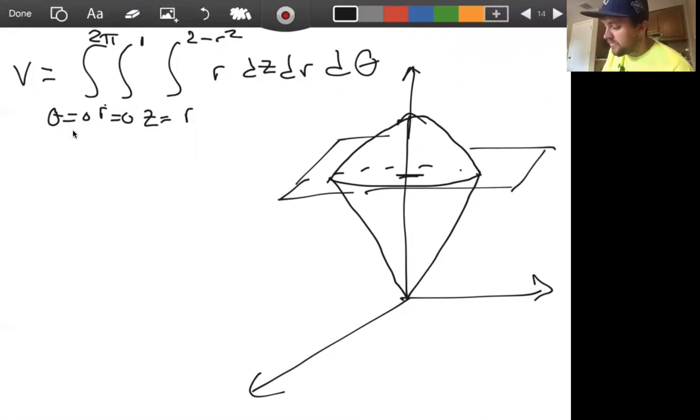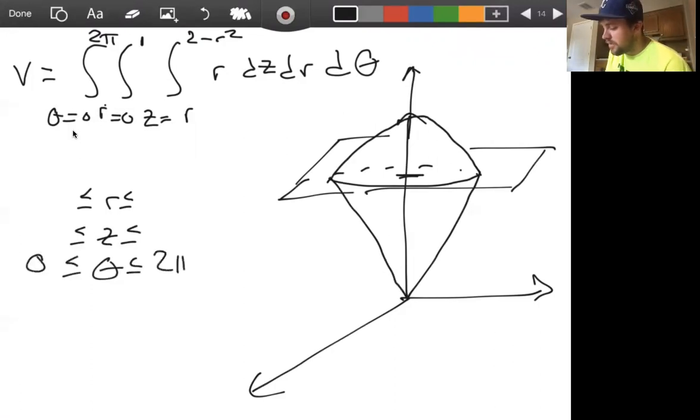We want first r bounds, then z bounds, and then theta bounds. Well, the theta bounds are easy, 0 to 2 pi. Nothing's changed there. And now with the z and the r bounds, if we want to do r first, then the bounds for r should be functions, and then our z bounds should be constant.